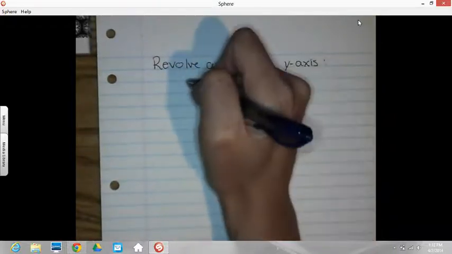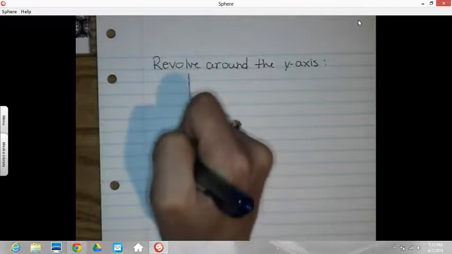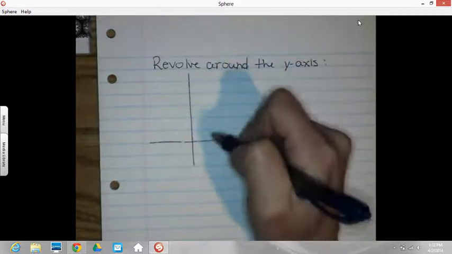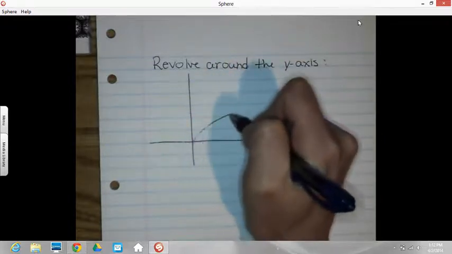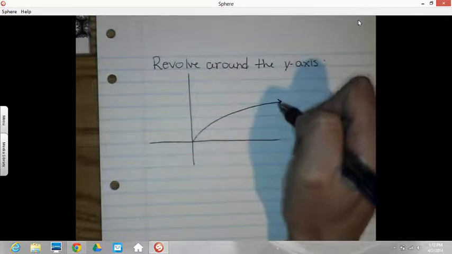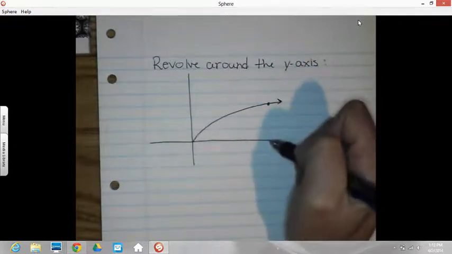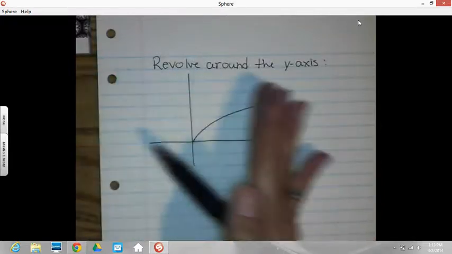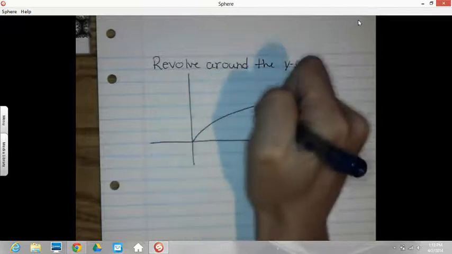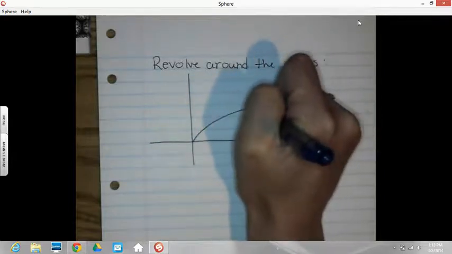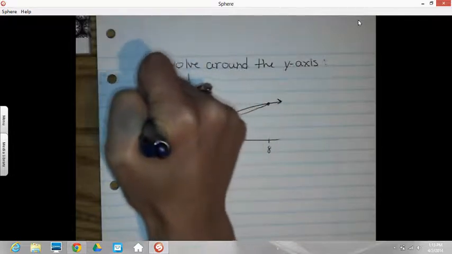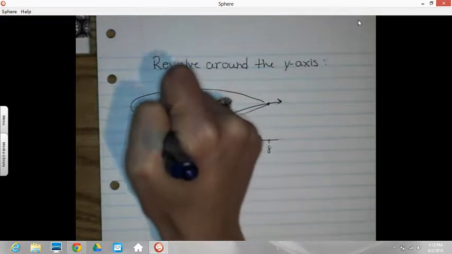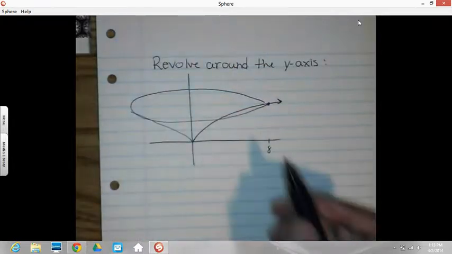Alright, so let's take that same equation and revolve it, stop there at 8, and revolve it around the y-axis. So now we're going to spin it this way and then behind. So you will get something that kind of looks like this. So it's that funnel.